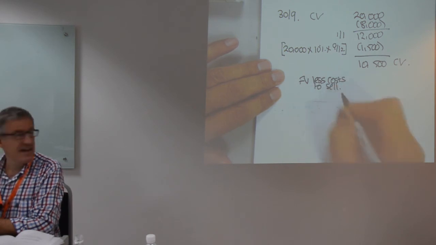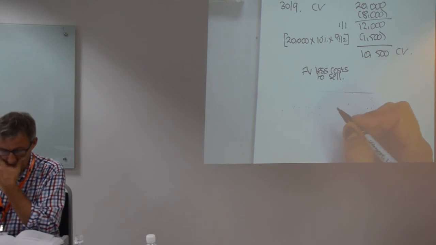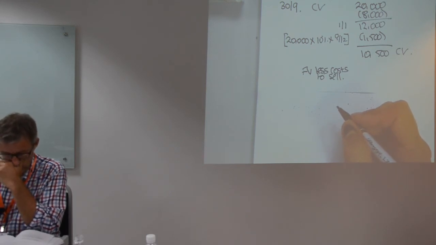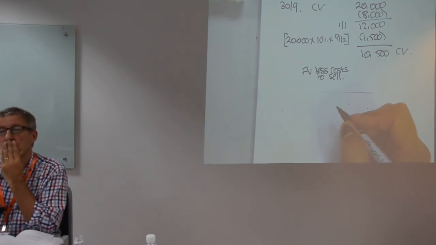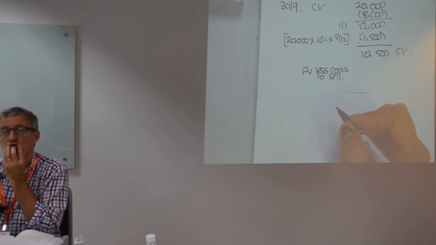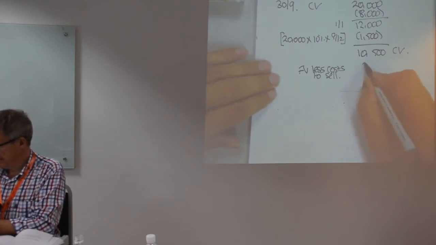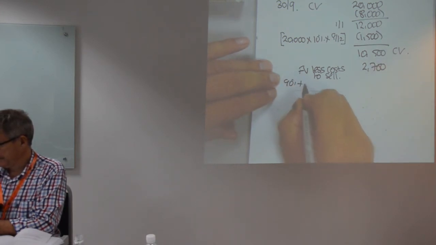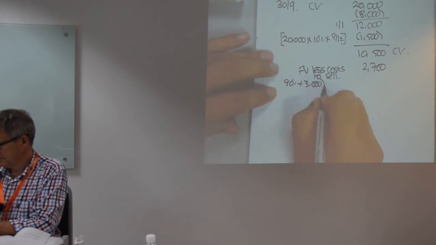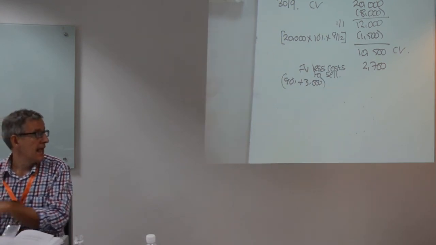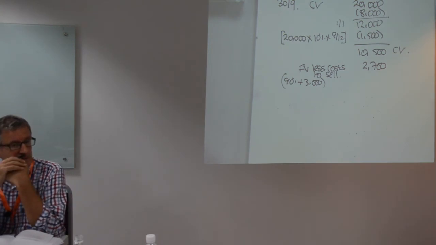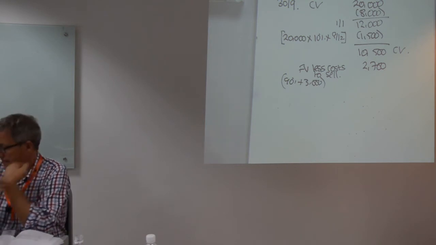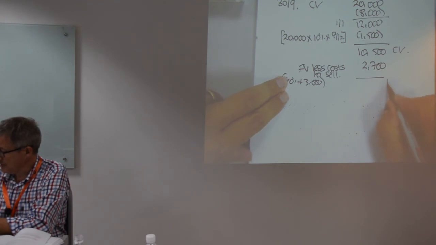Now how much is the fair value less cost to sell? I don't know. I do know. 2,700. I'm happy with 2,700. There's a loss, and we've got to recognize that loss.